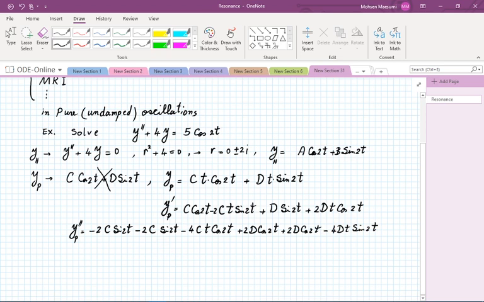So let's clean this up so that when we insert it in our formula, it's going to be easy on us. This becomes minus 4c sine of 2t, and then minus 4ct cosine of 2t, and these two add up to 4d cosine of 2t, and this is minus 4dt sine of 2t.